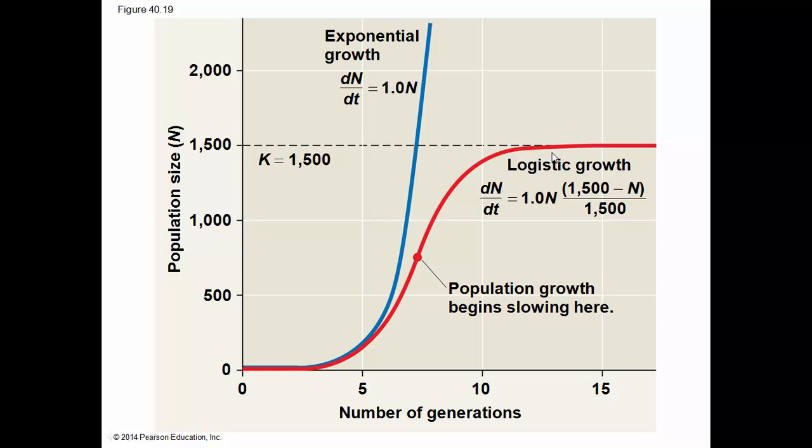The rate of population growth decreases as population size N approaches the carrying capacity K of the environment. The red line shows the logistic curve in a population where R max equals 1.0 and K equals 1,500 individuals. For comparison, the blue line illustrates a population continuing to grow exponentially with the same R max.